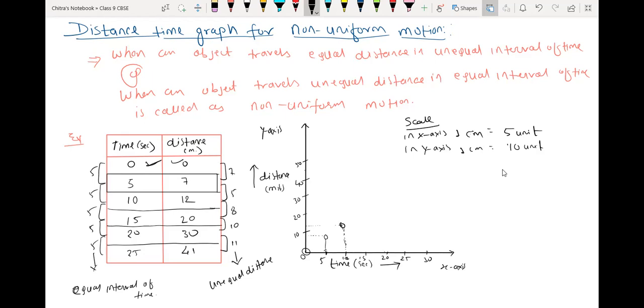Now at 15 we have 20. So here we have 20 and here we have 15. The point will be here. Now 20 to 30. Here we have 20 and 30. And then we have 25 to 41. So 40 is here, so 41 will be just above the 40.